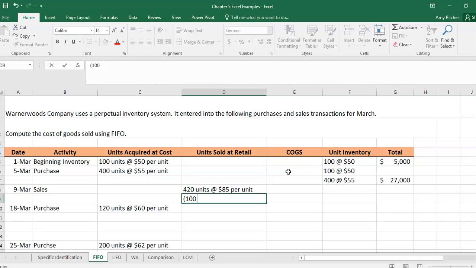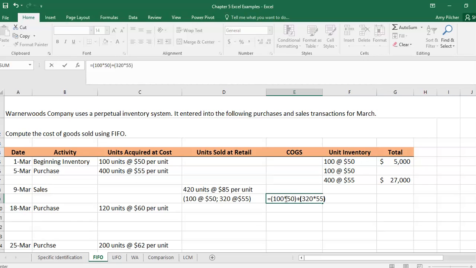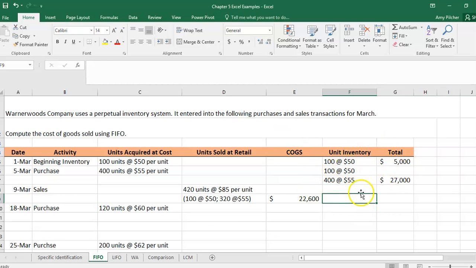So 100 of them are our beginning inventory at $50. The next 320 come from the $55 purchase for a total of 420. This gives us a cost of goods sold of 100 times 50 plus 320 times 55, $22,600. Our ending unit inventory now is 80 units at $55.